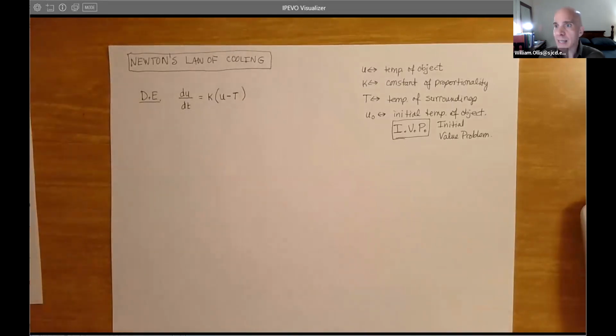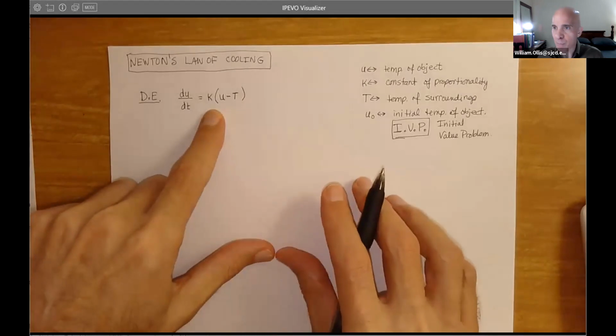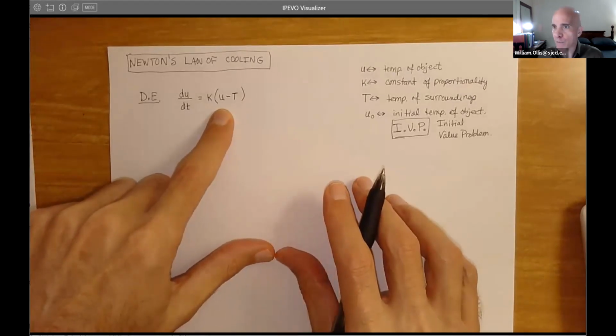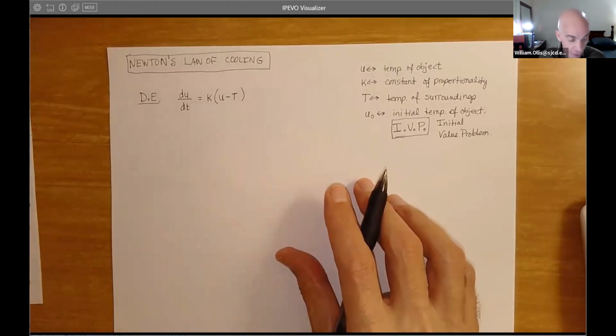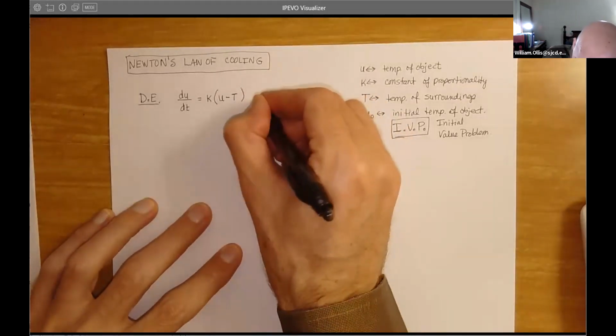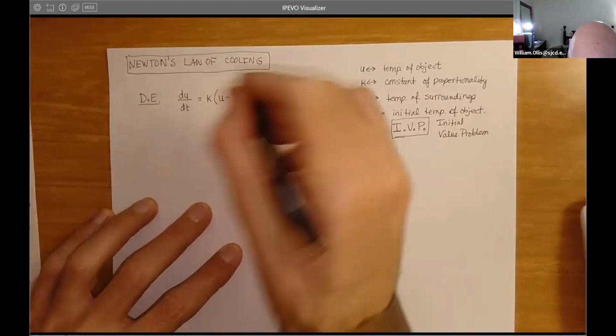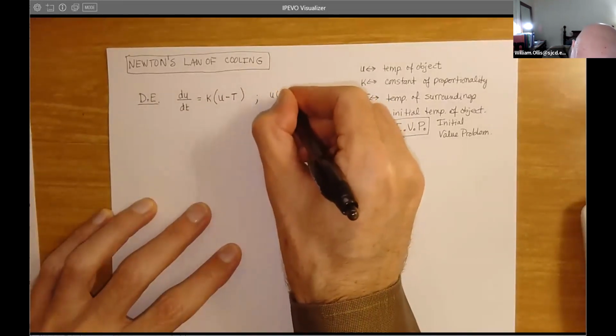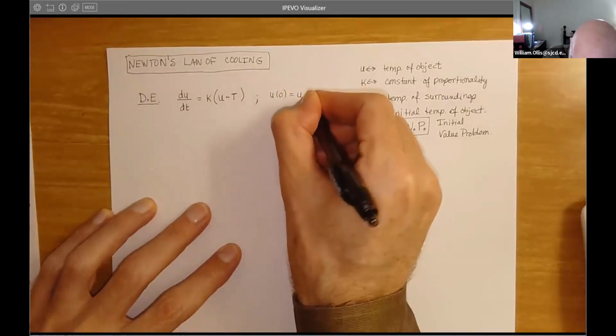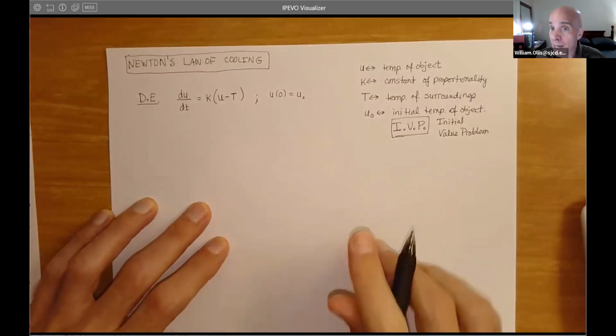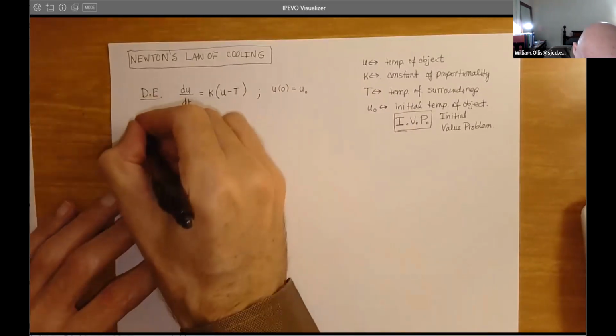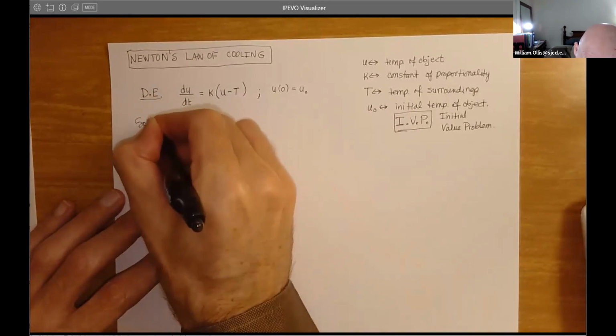So the idea is that we are certainly aware of how temperature fluctuates, and this probably was less difficult for Newton to postulate than the growth and decay law. And so, of course, here for the initial value, we'll say that the initial temperature will just be U sub 0, like we used before with y sub 0. And then the solution is also exponential.